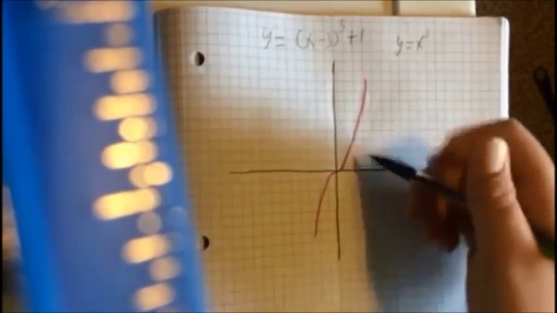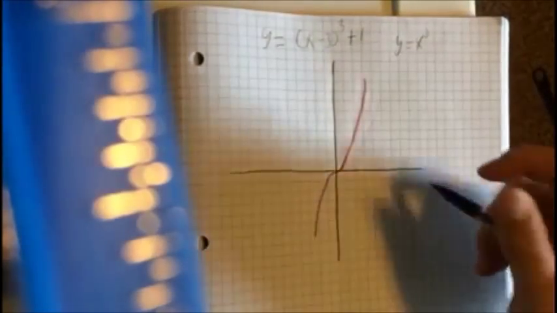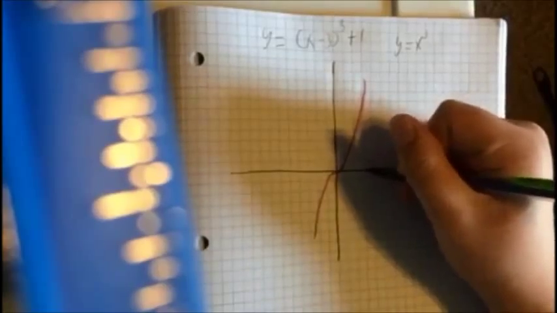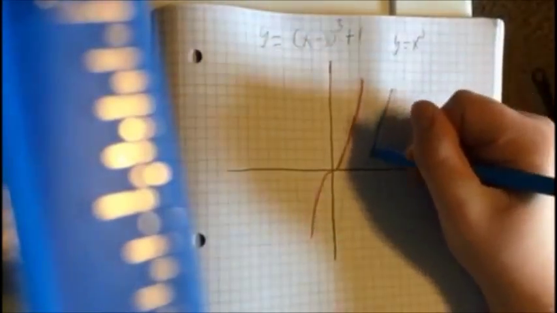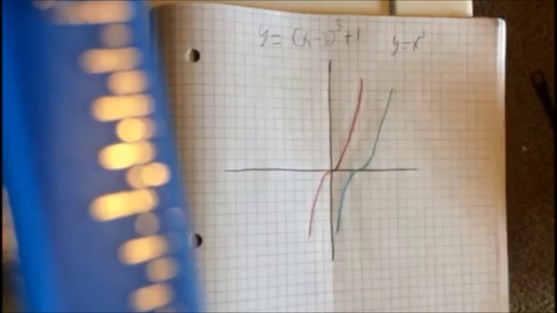Because it is minus 3, it shifts to the right because it changes signs. The next thing that will be done is it will shift up 1 because the equation is plus 1 on the outside of the parentheses.